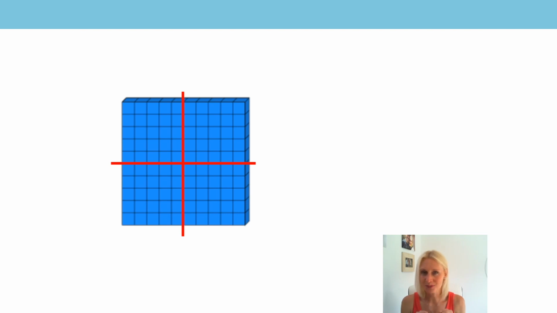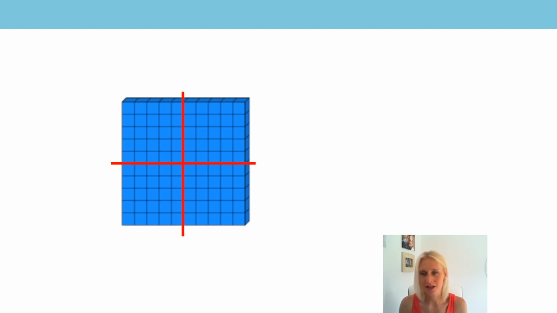So pause me now and have a go at writing 2 fractions and a decimal to show me how I'm dividing into 4 equal parts. Okay, hopefully you're playing me again and you've got an answer to that.